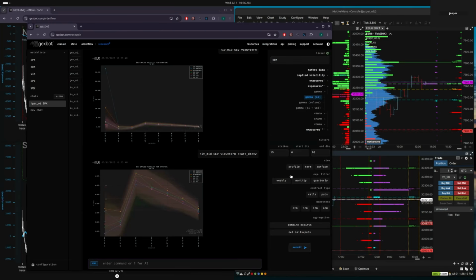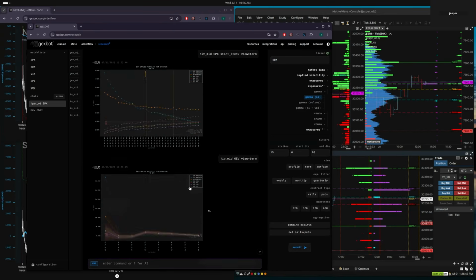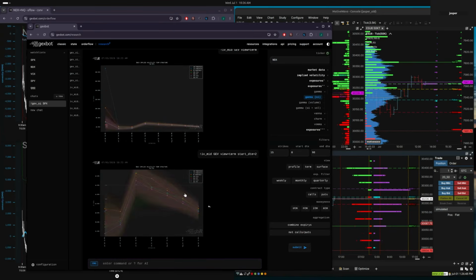I'm trying to think of a specific use case, but in general, at least for retail, I would rather not have a filter on that. I can't quite think of a use case where I only want to look at quarterlies. Maybe if I'm trying to figure out some JPM collar roll nonsense, then I might filter for quarterly. But that's purely just trading index contracts, I think.